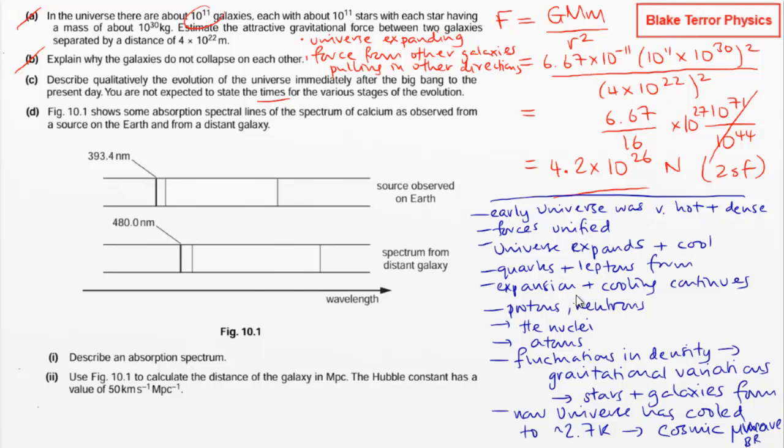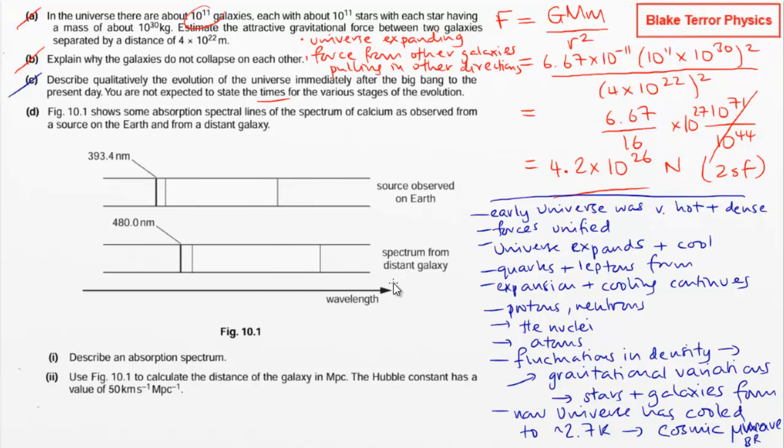So mentioning that. So it's just that pattern really, providing you get that pattern in. Starts hot and dense, expands and cools, next largest thing forms, expand and cool, next largest thing, etc., etc. So we're just doing that with the little kickers of this fluctuations in density, which is a nice little touch to add. So that's that. Then we've got D.